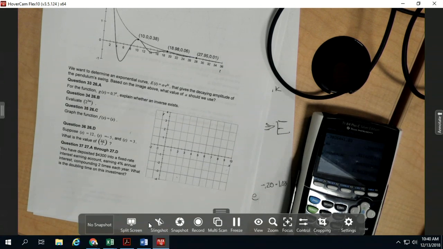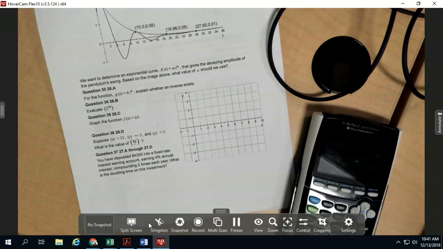So here's the part that both of you were missing. You thought it was to the 1 year, but it doesn't say to the 1 year. It says until it doubles.